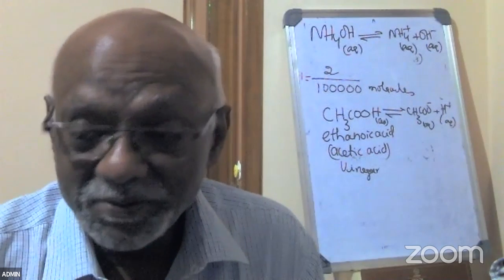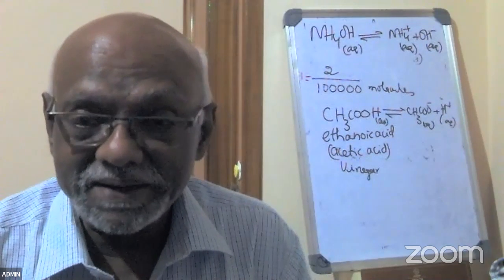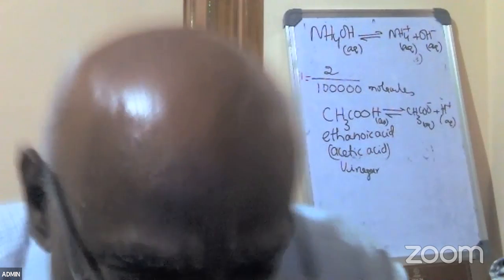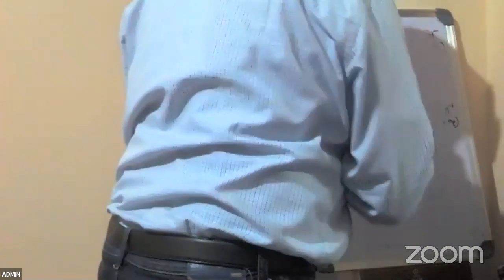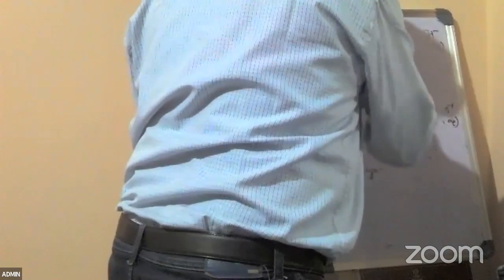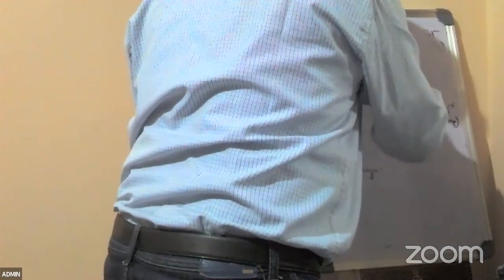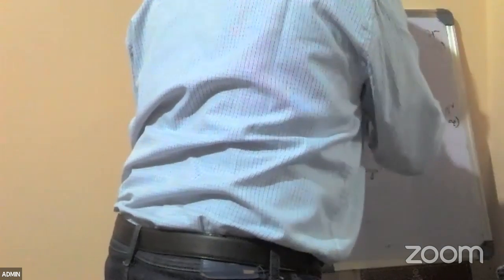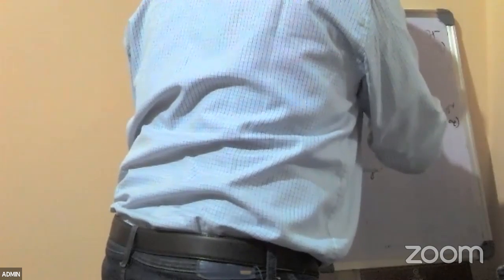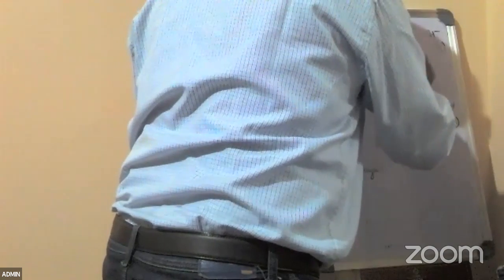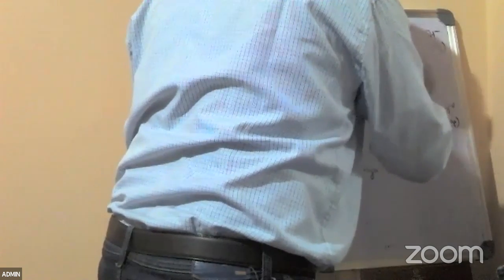In fact, formic acid, the name itself is very interesting. I'll write the name. I love doing such things, crazy things like this. It is nowadays called methanoic acid. It is HCOOH.